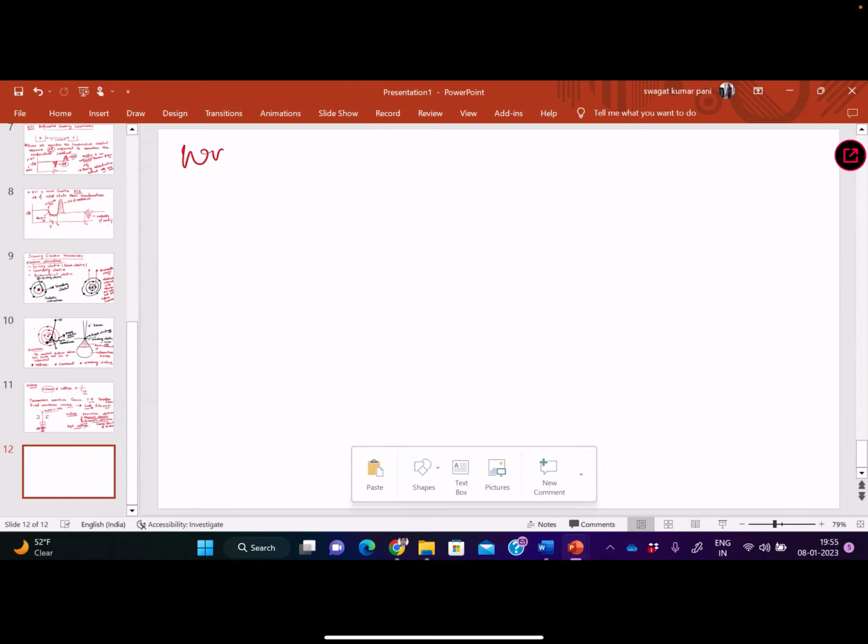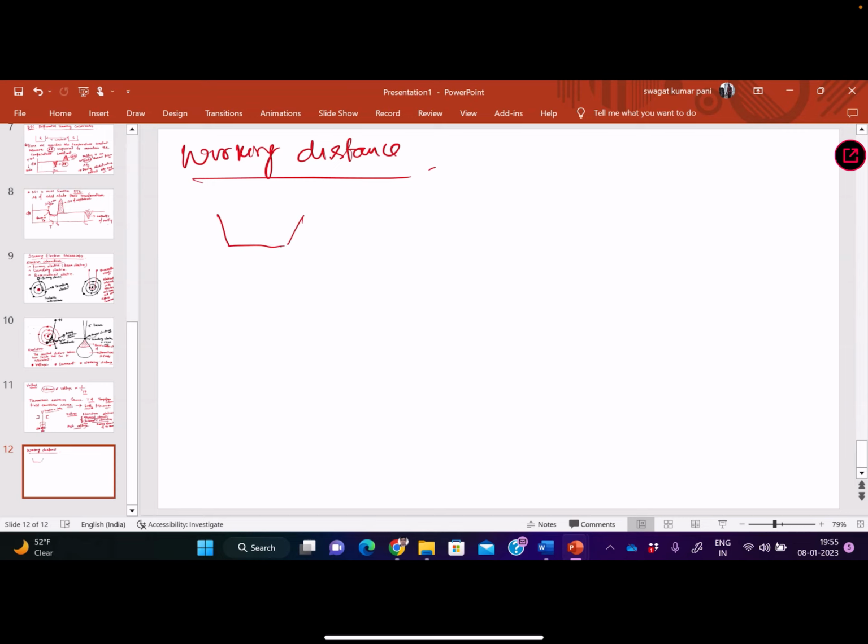So second is working distance. Suppose this is our electron beam and this is our sample surface. This is called working distance. This has an important relation to depth of field. Now what is depth of field?